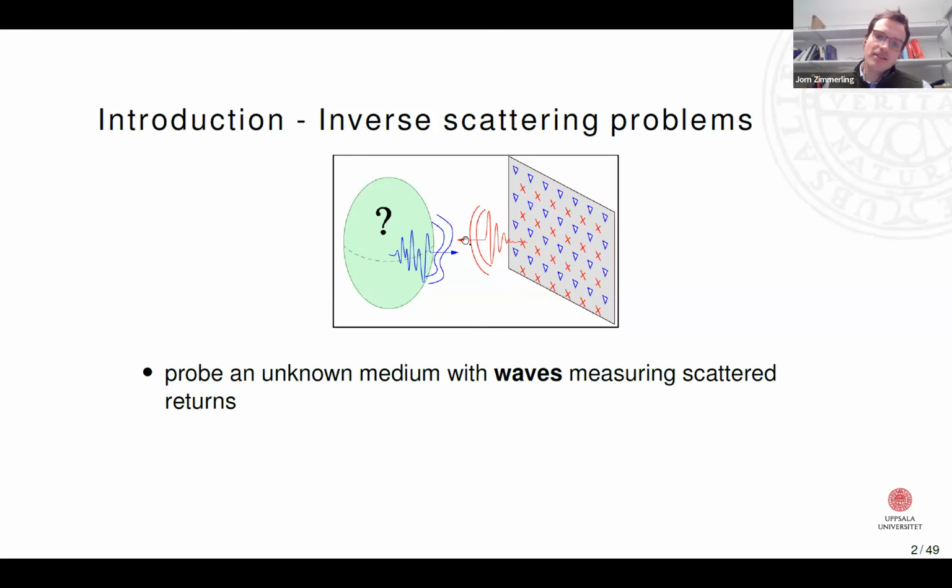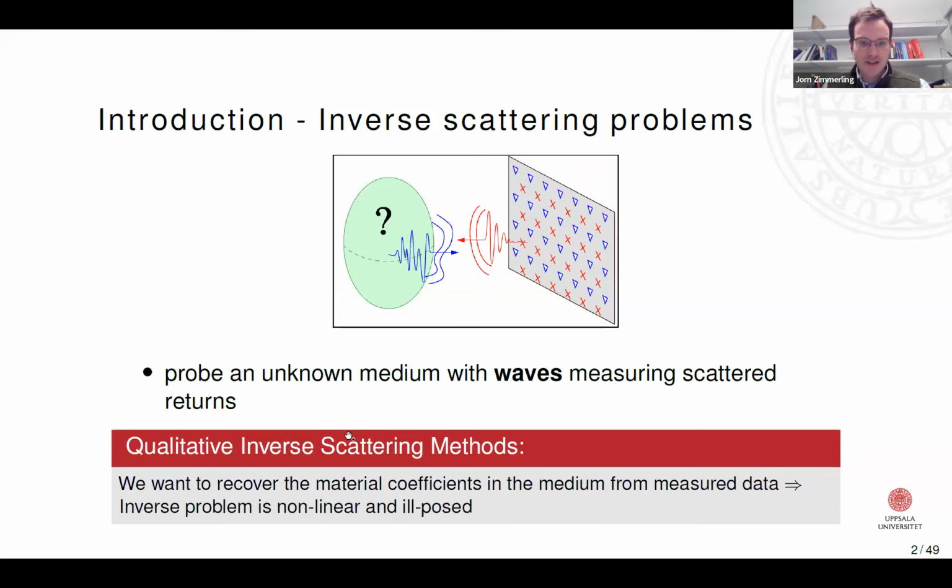So in these inverse scattering problems we're trying to figure out what's inside the egg or inside the box without opening it, just from scattered waves that are returned after we send in waves. So an inverse scattering problem is a problem of trying to determine the material from scattered wave behavior. In general, in quantitative inverse scattering methods we're trying to recover the material coefficients of a medium from measured data.